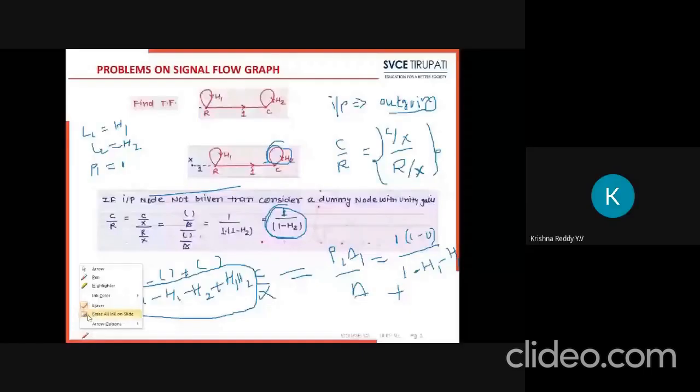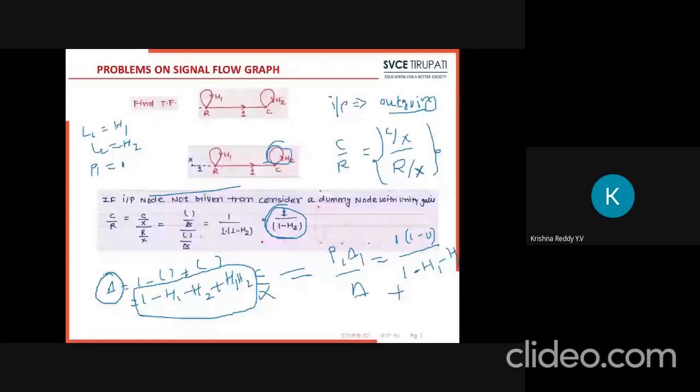We are calculating delta for one signal flow graph, so it is common whether we take node R or the output node C. It is common for the entire signal flow graph.